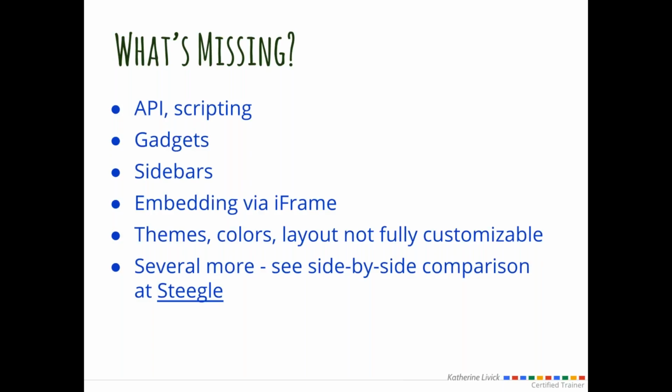Gadgets are also missing. If you were familiar with the gadget gallery in the old Sites, it was a thing that would let you insert a little embedded tool, which could be something like a little aquarium where the fishies swim around on your page, which was one of my favorite ones. It was really cute. Or a weather widget, or a slideshow, or something. And if you ever used it, you know that there was a little bit of good stuff in there.